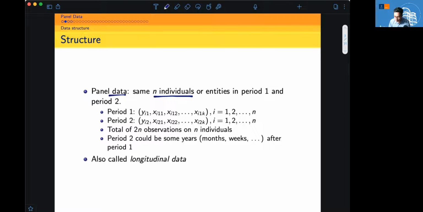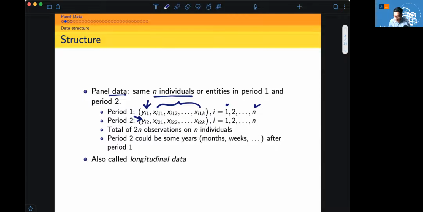In the first period, you'll see the dependent variable of individual i in the first period. And then in the second period, you're going to observe the dependent variable y for the same individual i in the second period. Suppose that you have k explanatory variables x for each individual i from 1 to n.